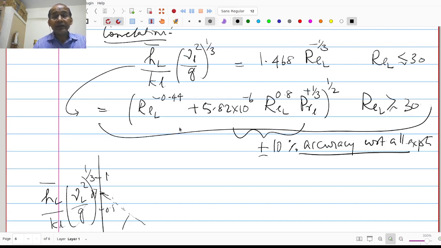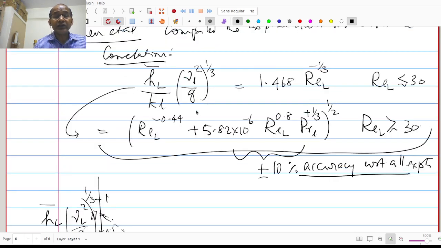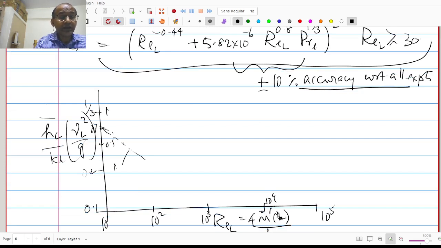Suppose I call this equation A and equation B. So this is equation A, and equation B actually shows a curve that dips down below 0.2 at something like 10 to the power of 4. So it goes like this. This is more or less a straight line here.